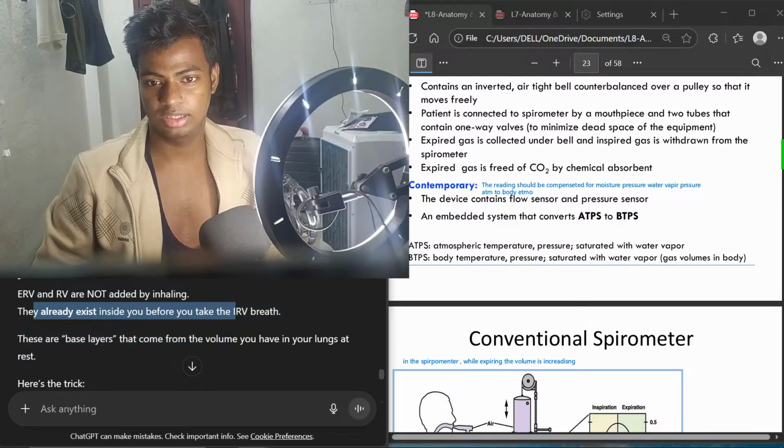They already exist before you take the airway breath. That is the base level, the volume we have in our lungs at rest.